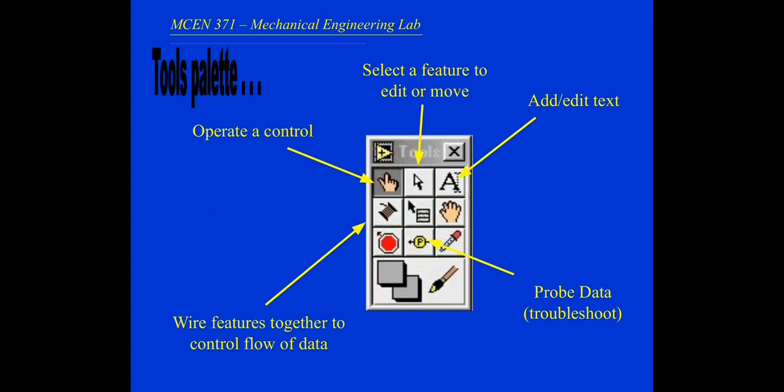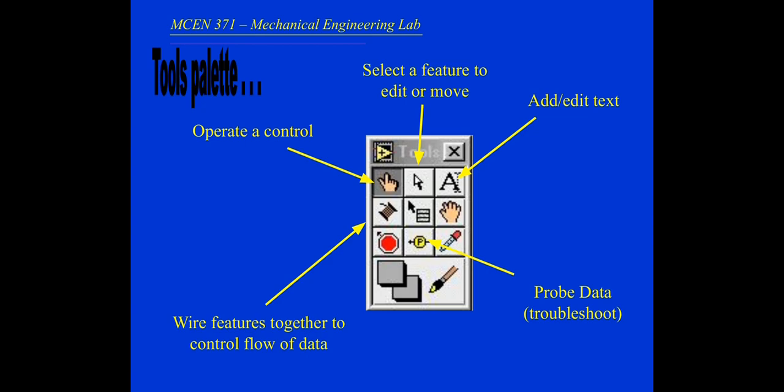Okay, then you see what kind of tools you have. You can choose a control, the on off switch. You also have an editing tool for writing text and making wires, the connection between the two.